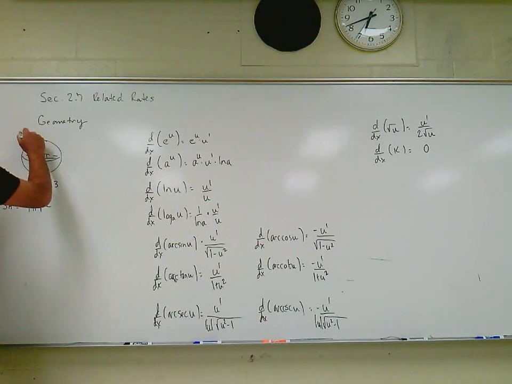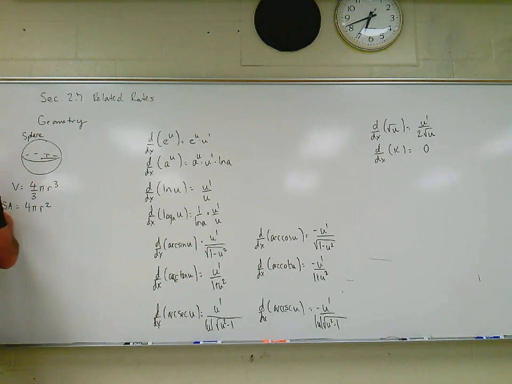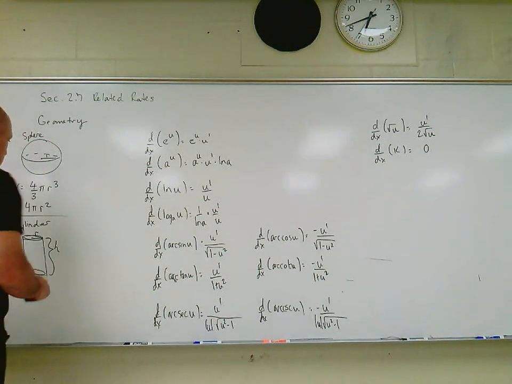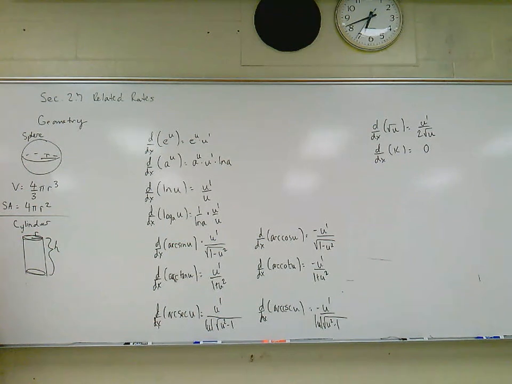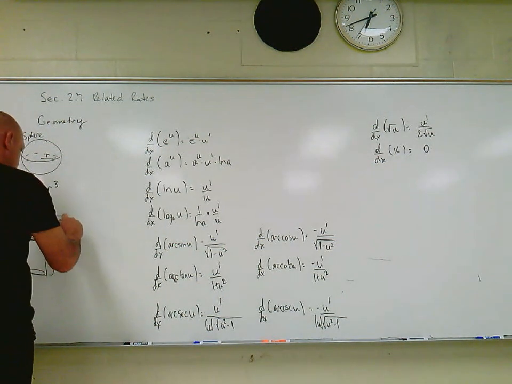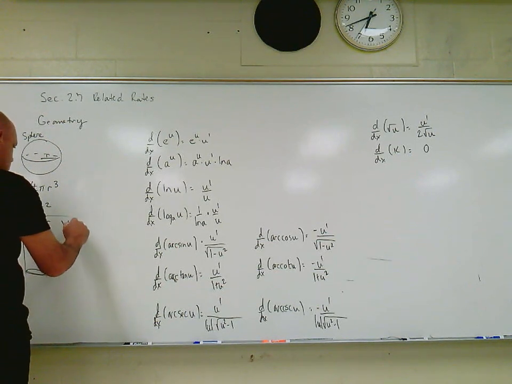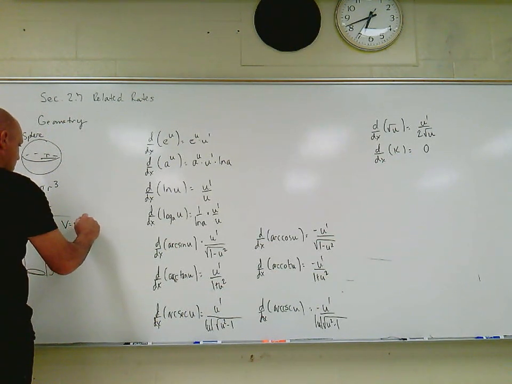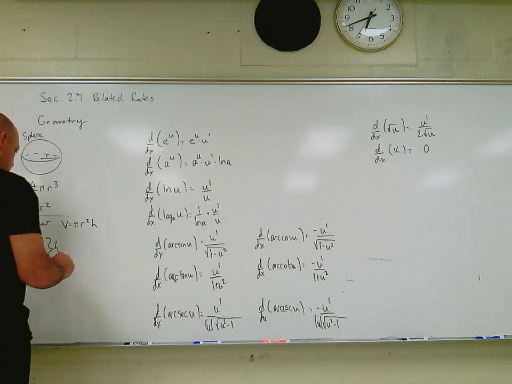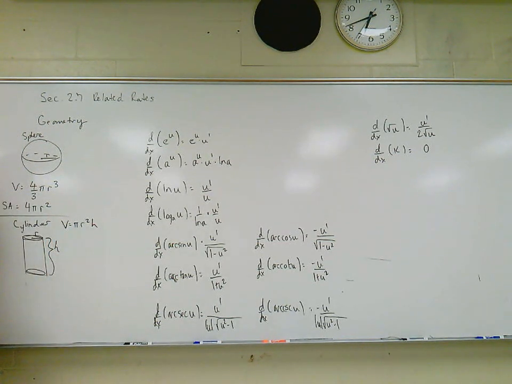This is for a sphere. I'm gonna do a sphere, a cylinder, and a cone. The volume of a cylinder is pi r squared h. That's all I'm going to do for now.